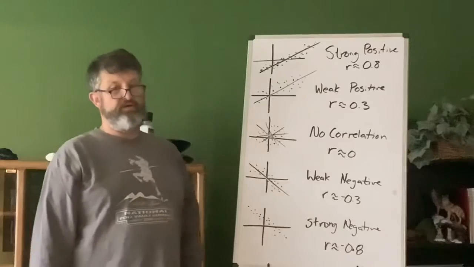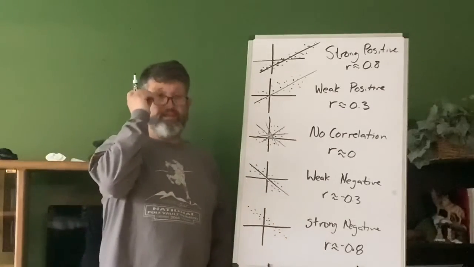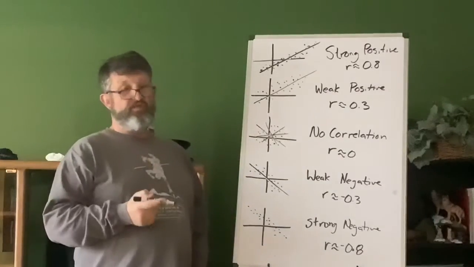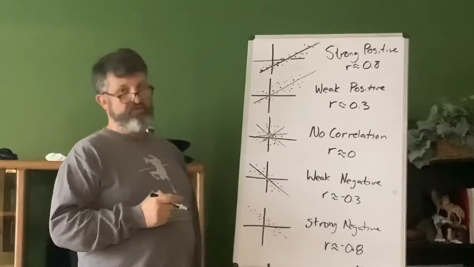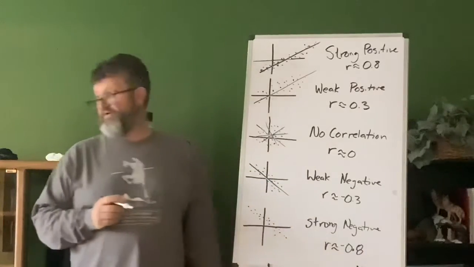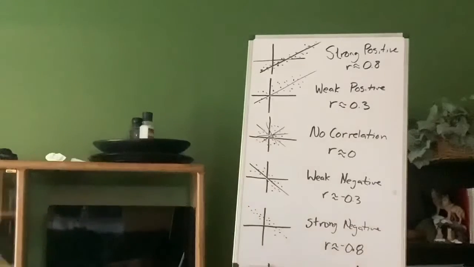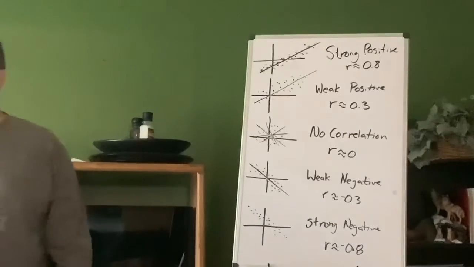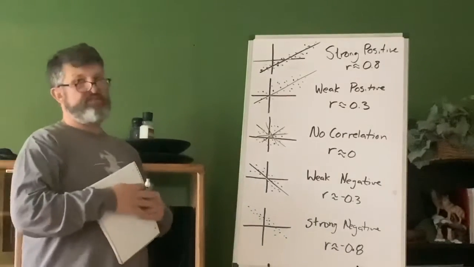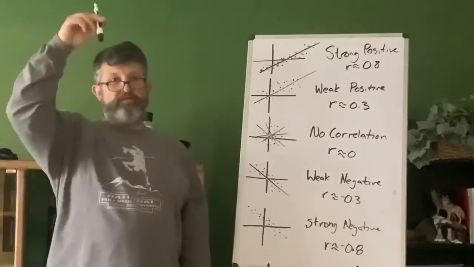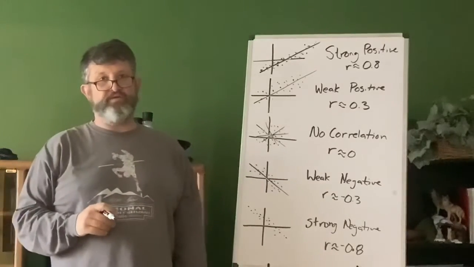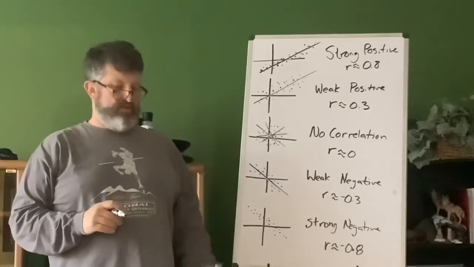So what would be a good negative correlation? One thing I thought about is the older you get, the less hair you have. That would be a negative correlation. Another negative correlation would be number of absences: the more your absences go up, the more your GPA drops. I think you could show that for sure.